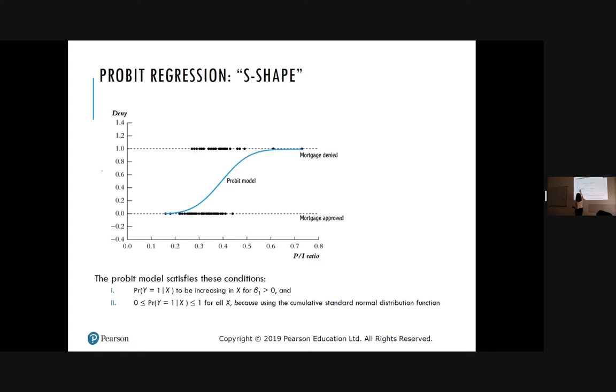But if I increase the payment to income ratio from 0.2 to 0.3, as you can see, the probability of being denied increases by a smaller amount. And the same for a big payment to income ratio if we start here. So it depends on the initial value of x. The effect of increasing x on y depends on the initial value of x, whether we start at 0.2, at 0.4, or at 0.6. And this is what we actually wanted.